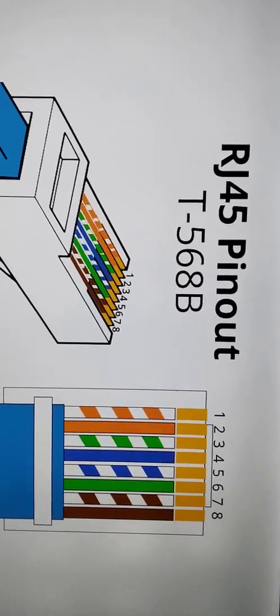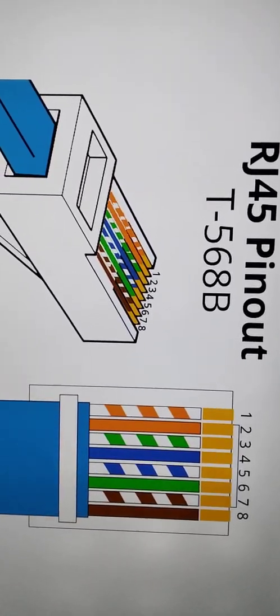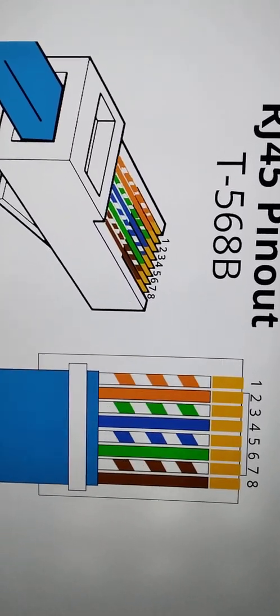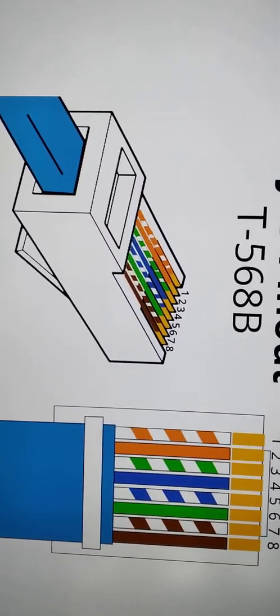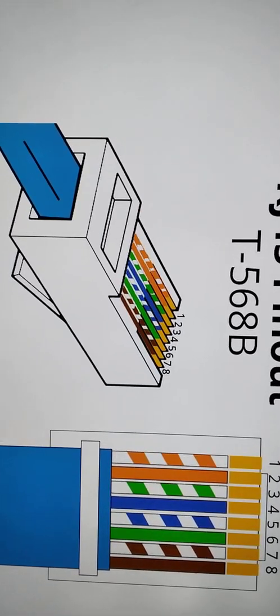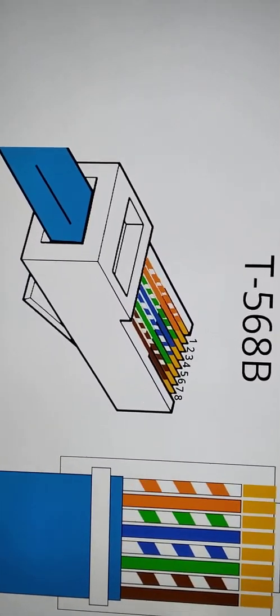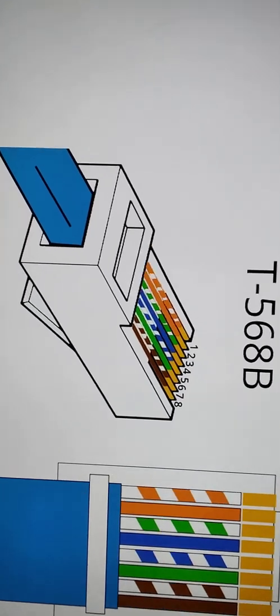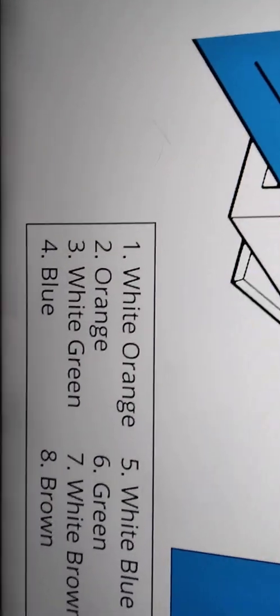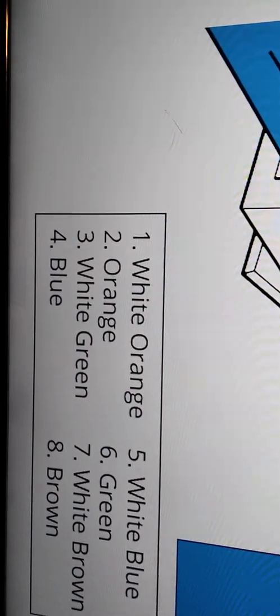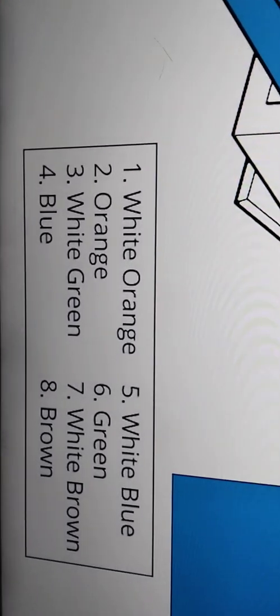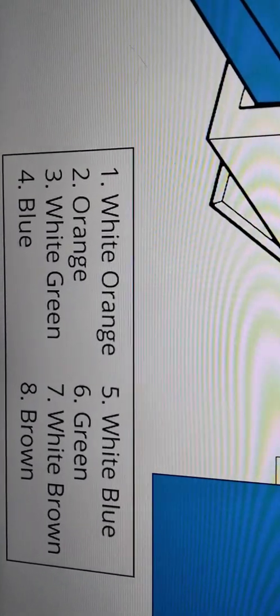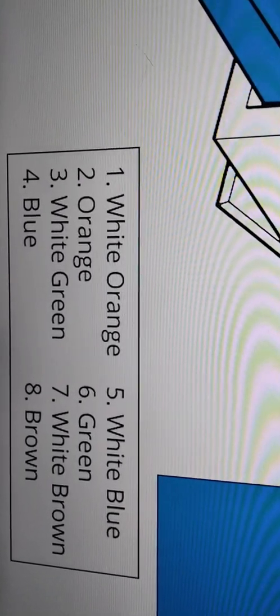As you can see, the RJ45 pinout is T-568B, as discussed in the CCNA 200-301 Wendell Odom book. They are color-coded, and the pinouts are 1 through 8. 1 is white-orange, 2 is orange, 3 is white-green, 4 is blue, 5 is white-blue, 6 is green, 7 is white-brown, 8 is brown, as you can see.